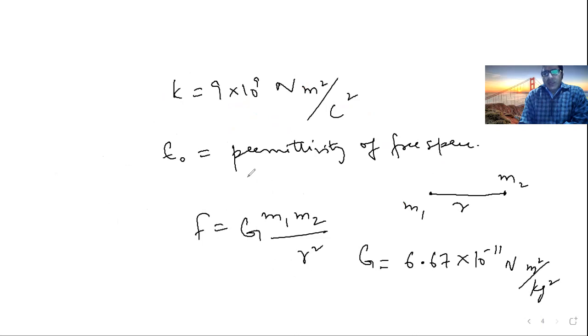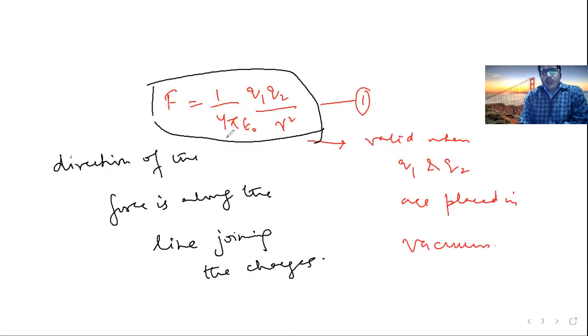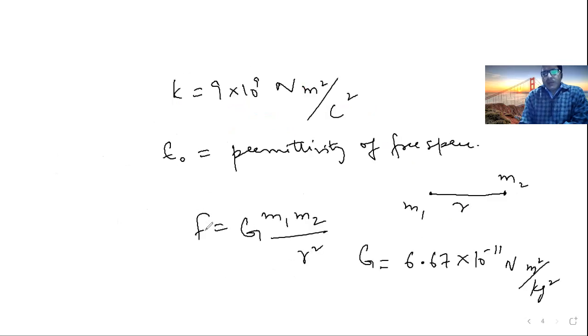So the role of mass here is in Coulomb's law replaced by charges. Distance dependence is the same. It is inversely proportional to r square. The same is the case with Newton's law of universal gravitation. So sometimes we call these forces inverse square laws, right? These are similarities.